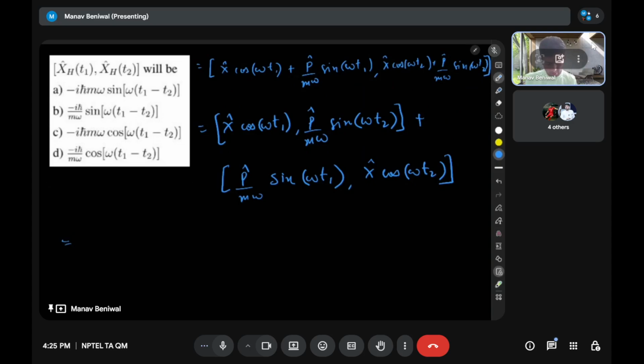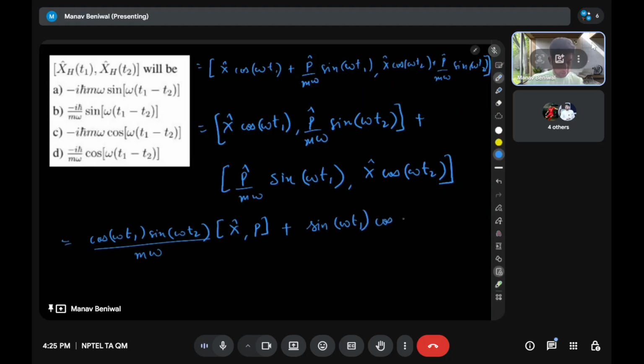We'll have cos omega t1 sine omega t2 upon m omega times x comma p, plus sine omega t1 cos omega t2 upon m omega times p comma x.